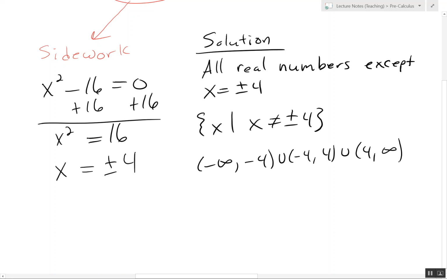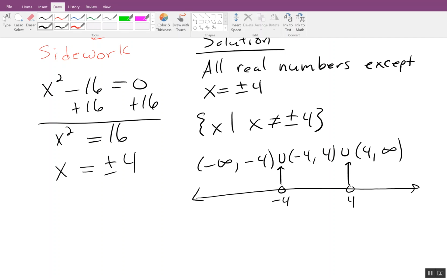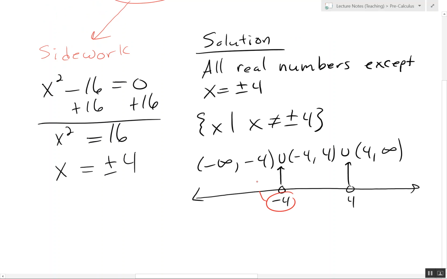If you're having trouble with the interval notation, think about it this way. You can draw a number line, and at negative 4 you're going to have an open circle, and at 4 you're going to have an open circle. Think about the open circles corresponding to the unions, and then the negative 4 itself goes on each side in this part, and the 4 goes on each side in this part.